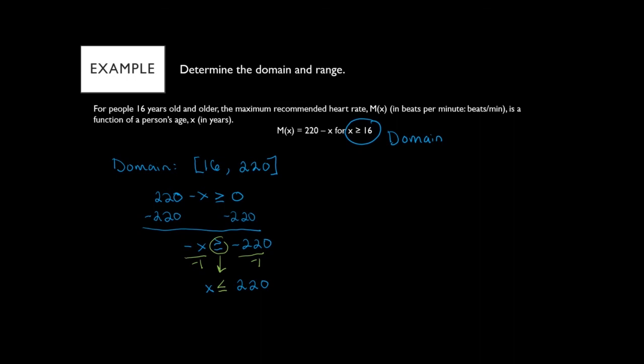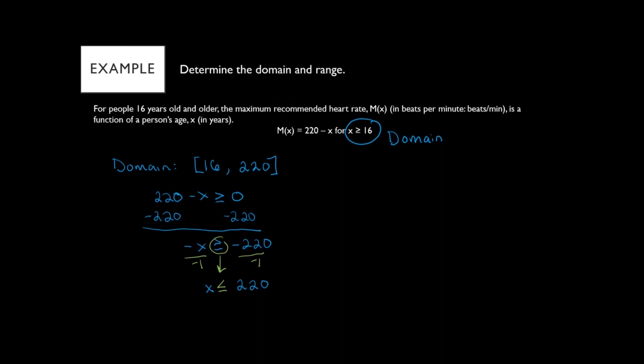And so when you think about domain, you want to think about where the equation makes sense. Now, I don't know where that equation stops making sense, so this is the best guess we can come up with because I'm not a medical professional. I don't know where the maximum recommended heart rate stops before it starts becoming unhealthy.